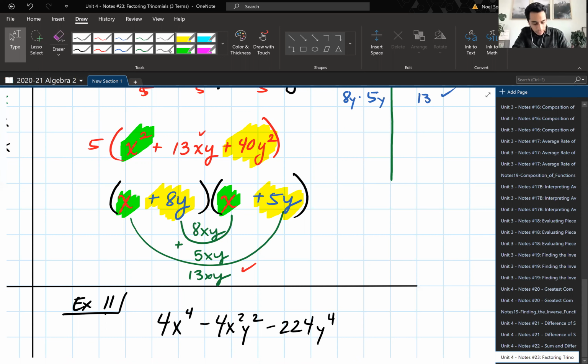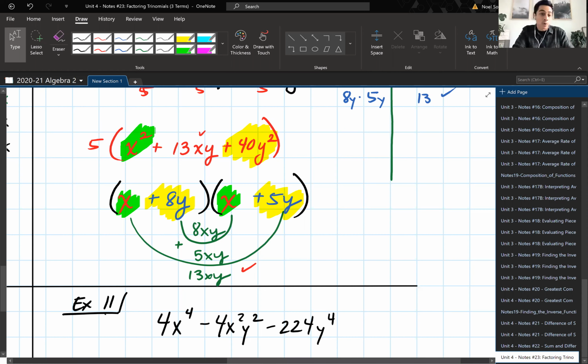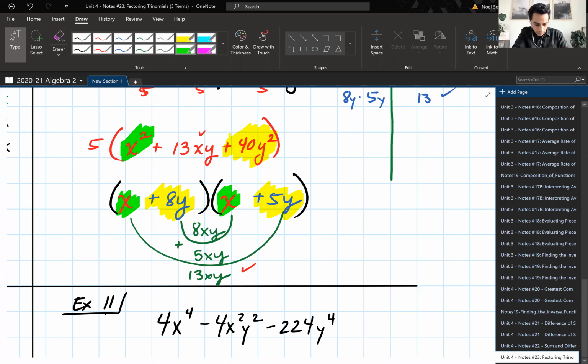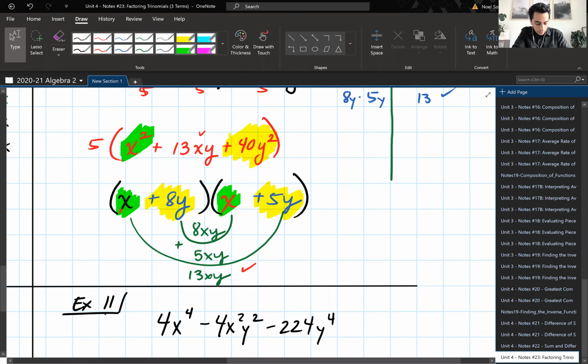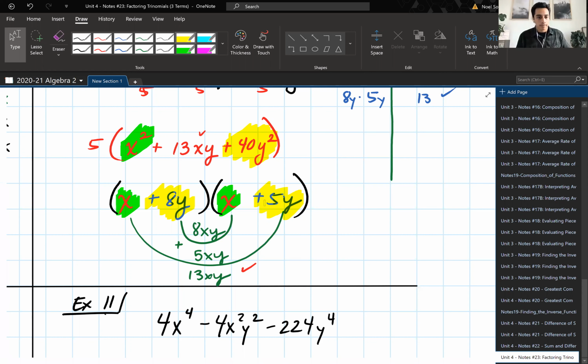So you really only ever have to focus on the corners basically. How do I get the front? How do I get the back? The middle will take care of itself. That's why in your factors you only have x and x, y and y, and then the product of them together eventually works itself out.